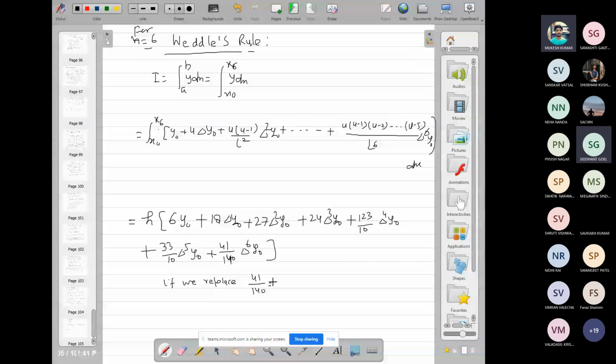If you divide 41 by 140 and 3 by 10, the difference is about 0.3, so in this case the error is negligible. Then why are we doing this? So that we can take 3 by 10 outside as common, and due to this approximation the error is negligible, small.